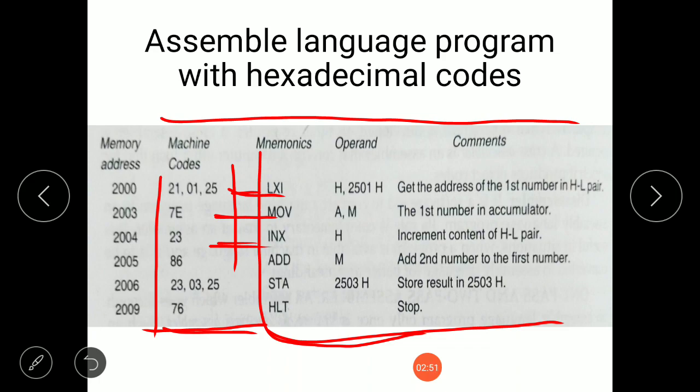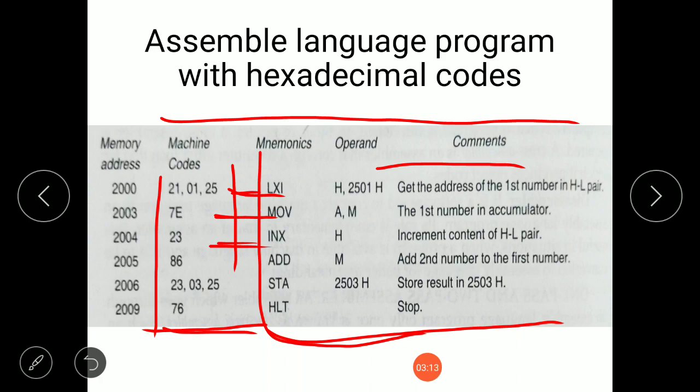So the programmer writes a program in mnemonics, that is assembly language, with comments, as it is easier to understand and faster to write. Then he fills up the machine codes which are to be fed to the microcomputer.